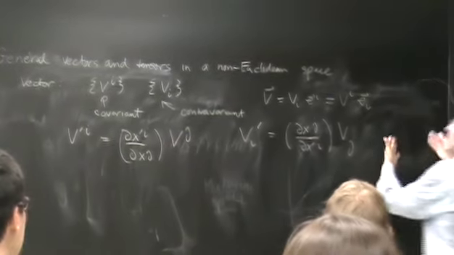So it's the same transformation matrix that the position transformed as. If it transforms that way, we call it a vector.